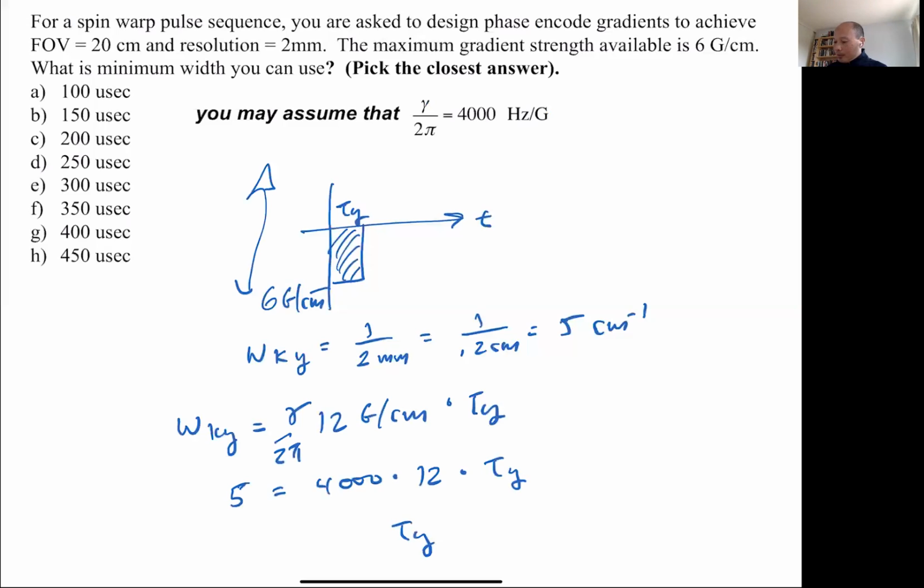So tau sub y will equal 5 over 48 times 10 to the 3. 5 over 48 is about 1/10, so that's like 0.1 times 10 to the minus 3, about 10 to the minus 4. So that is pretty close to 100 microseconds. That would be the minimum width we can use.